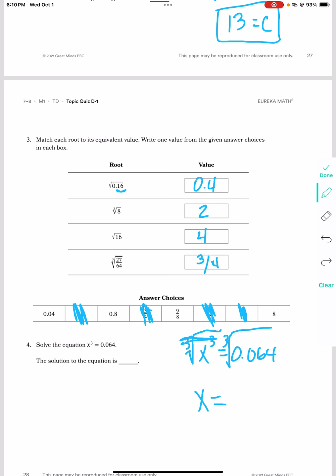Is there a number that we can cube to get 64? We actually just did that in number 3. That number would be 4, but we can't use 4 because 4 is going to give us a whole number of 64. Since this is a decimal, your answer should be 0.4. Okay, because we know if we cube this, that'll give us 3 decimal places while we are multiplying.